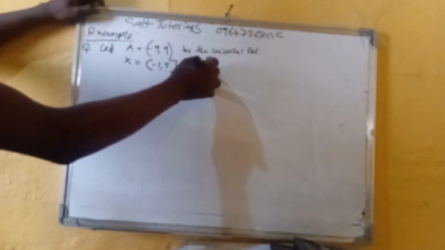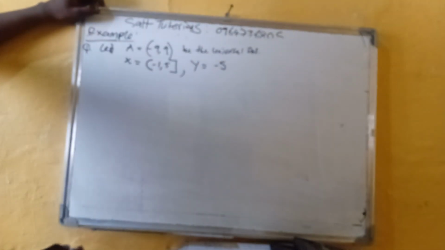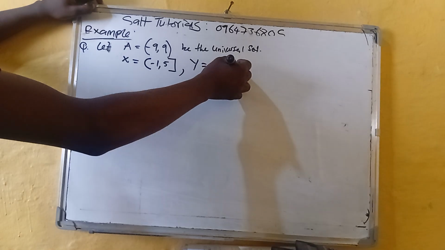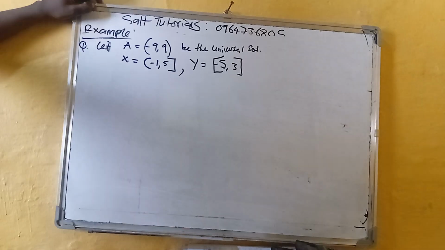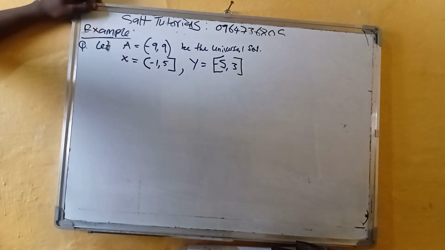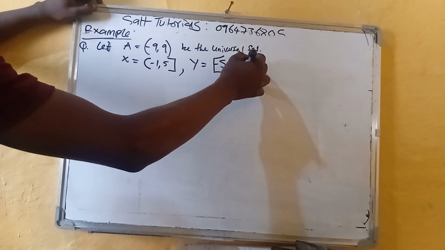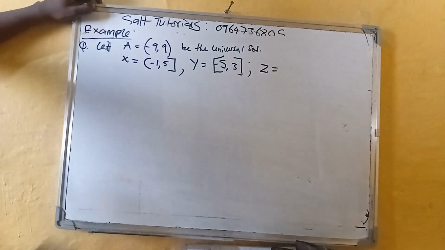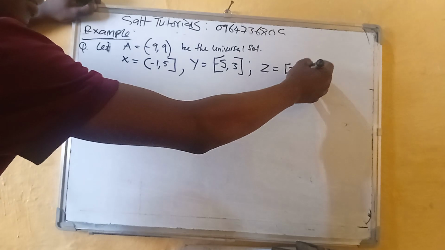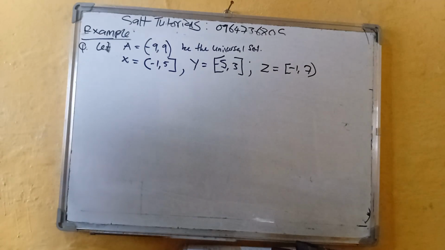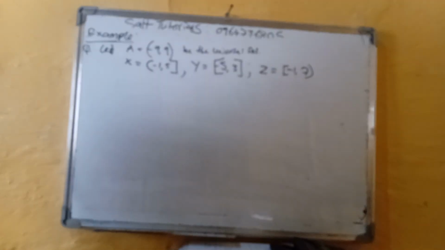Y is going to be equal to negative 5, 3 closed, and Z is equal to negative 1, 7 round there.